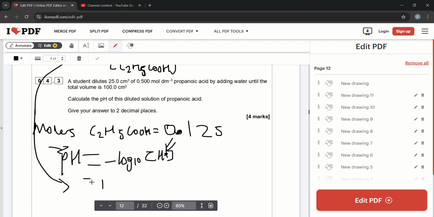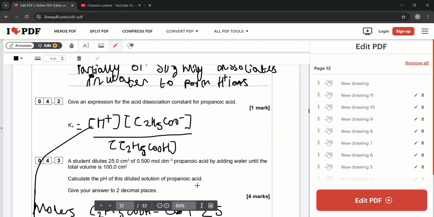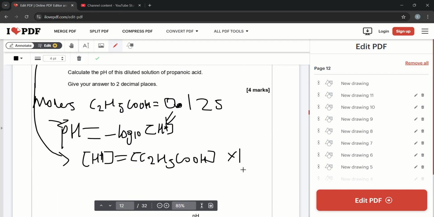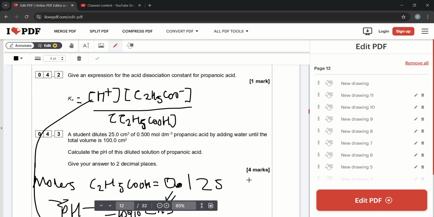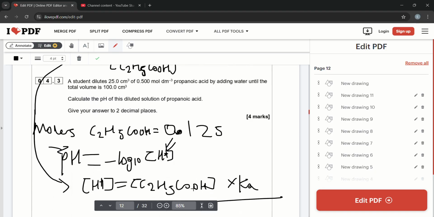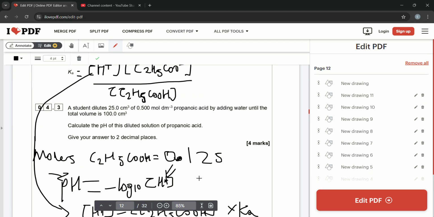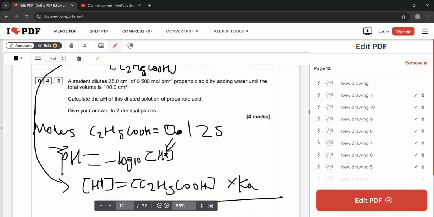We get H plus equals propanoic acid, C2H5COOH, times Ka, divided by C2H5COO minus.